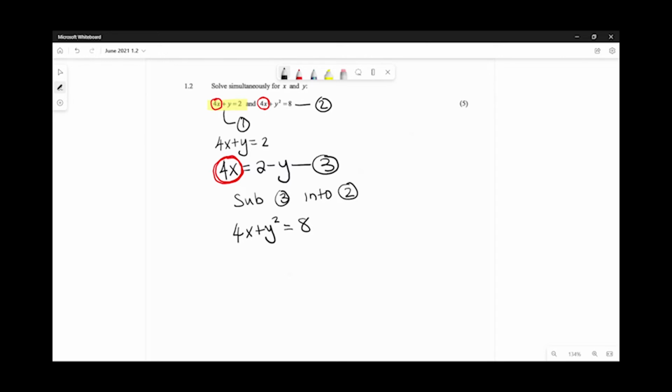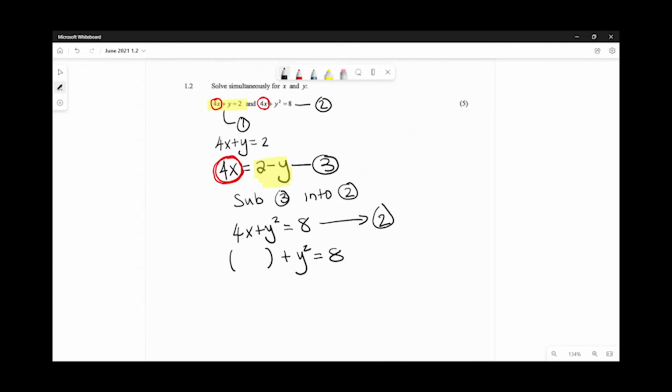So I can take the 4x on equation 3, I can take this stuff here because that is equal to 4x. We made it equal to 4x by creating equation 3. And I'm going to take it and put it here. Plus y squared is equals to 8. This is equation 2.